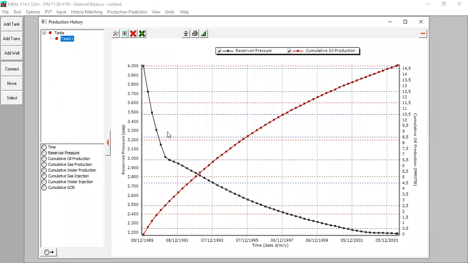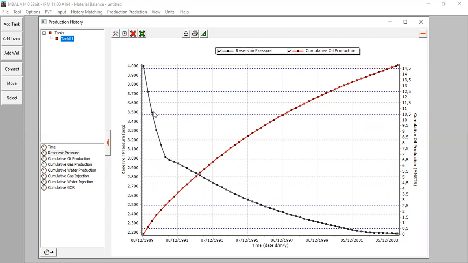Okay, this is the production plot. You can see the reservoir pressure, black line with the dots, and cumulative oil production, the red line. And you can see something weird here. Previously, the reservoir pressure drops significantly, drops quickly, and then it declines with a smoother decline.